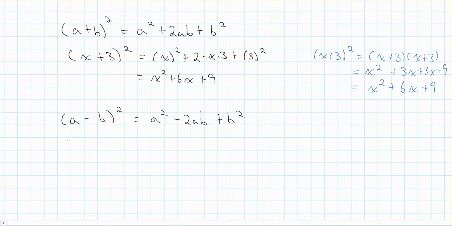So let's look at an example. Let's look at 3x minus 2 quantity squared. And so this would be equal to quantity 3x squared minus 2 times 3x times 2 plus quantity 2 squared.